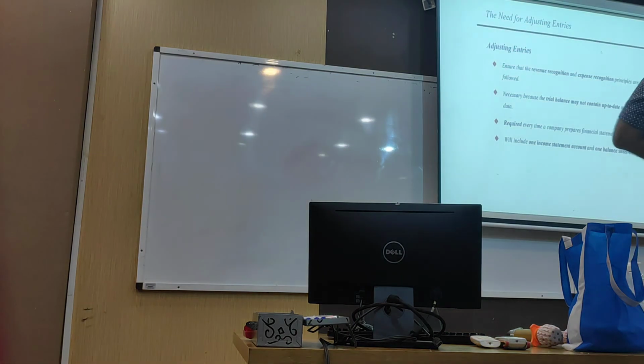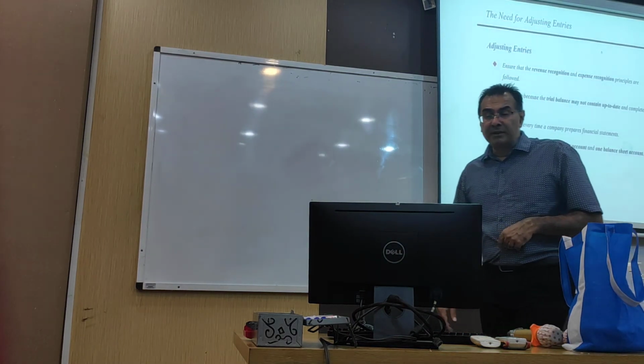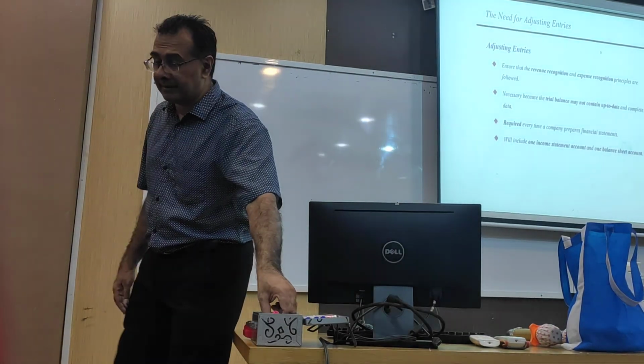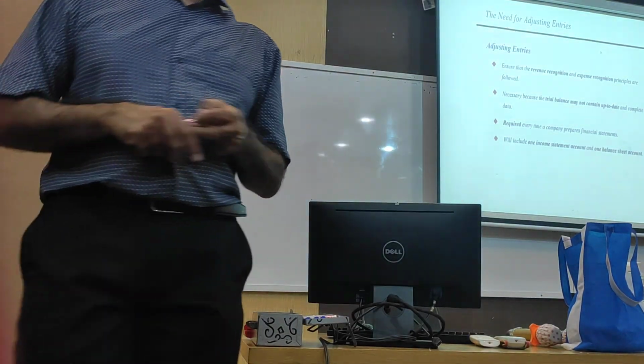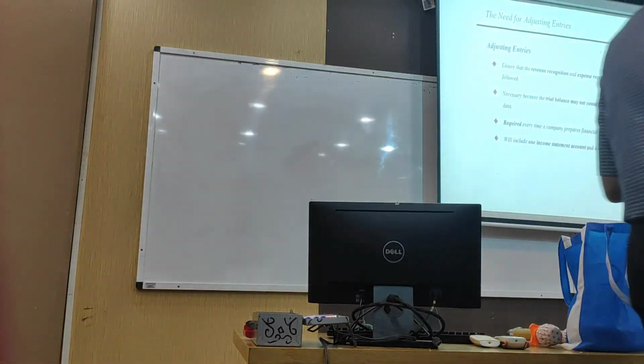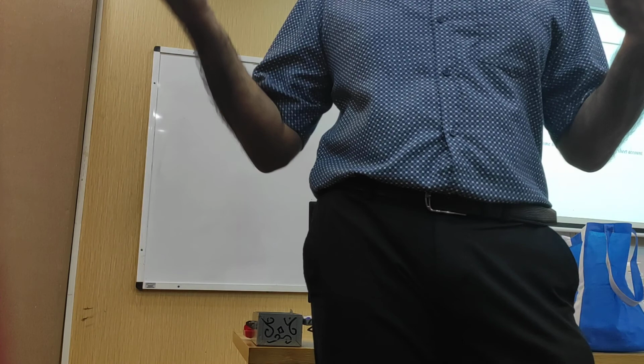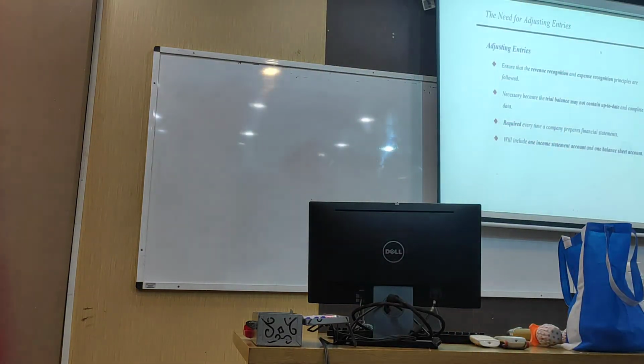We need to do this because we want to make sure that our income measurement is correct, and that we have recognized revenues and recognized expenses following the GAAP rules. What is GAAP? Generally Accepted Accounting Principles.